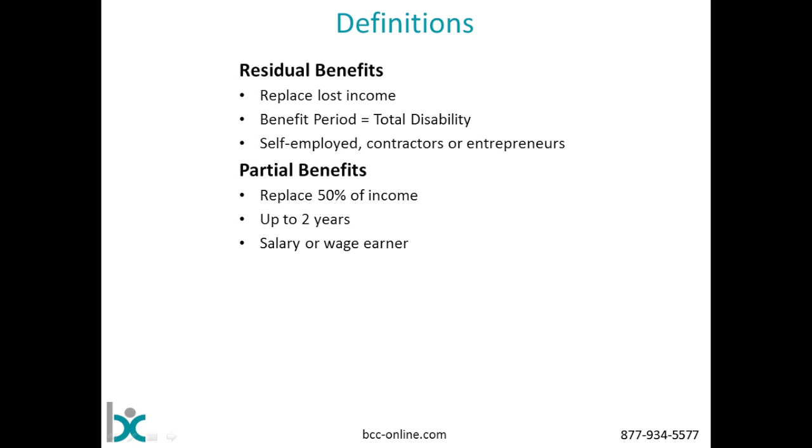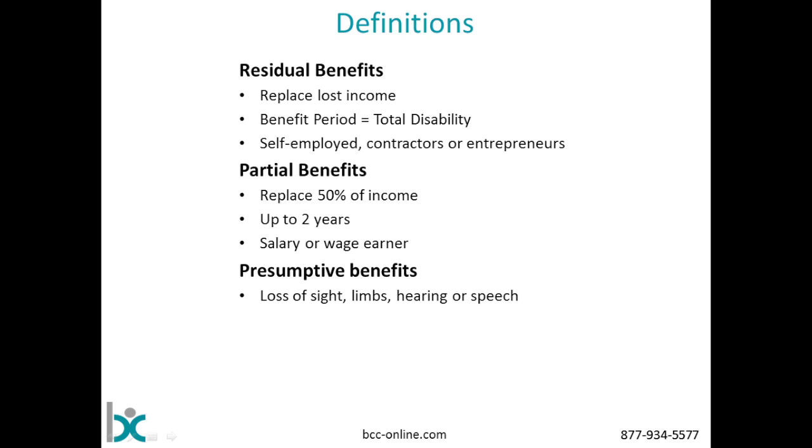One other definition of disability that we find quite often today with individual disability policies is what we call a presumptive definition of disability. And with that presumptive definition of disability, what's going to happen is we presume you to be disabled if you suffer a loss of or loss of use of sight, limbs, hearing, or speech.